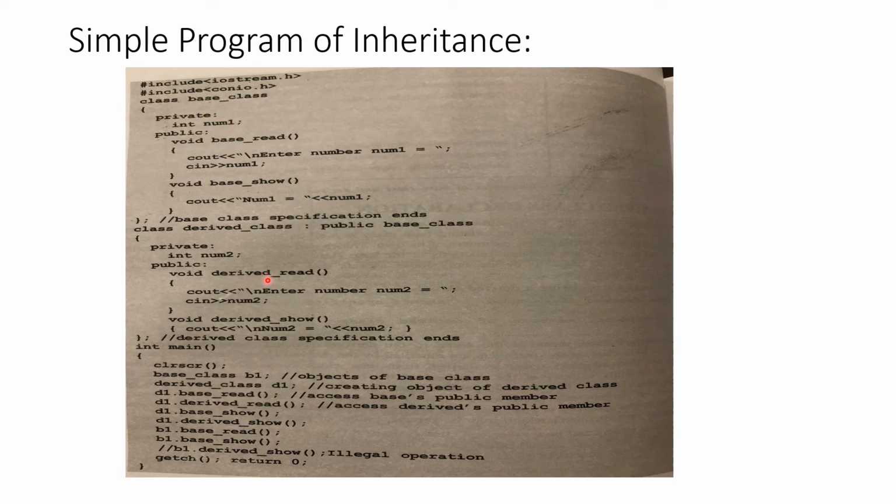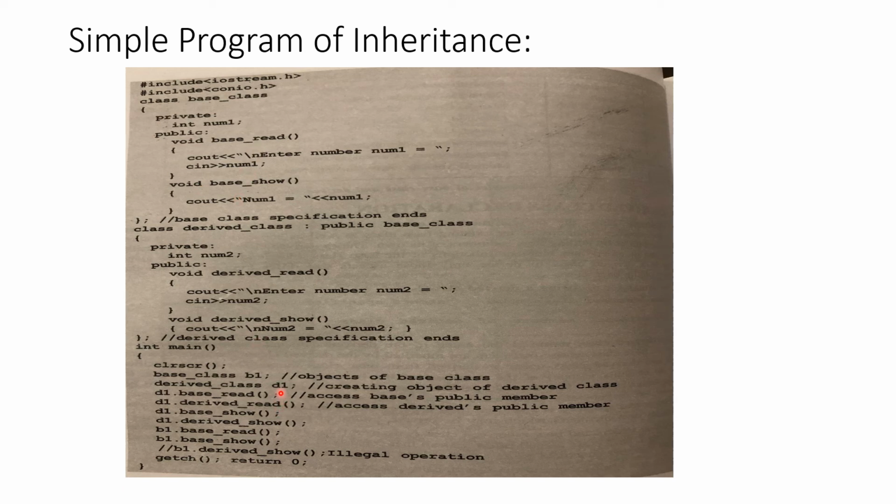Here we create an object b1 of the base class, and an object D1 of the derived class. D1 has the authority to access all the data members and member functions of the derived class as well as the base class, because we have used the concept of inheritance.